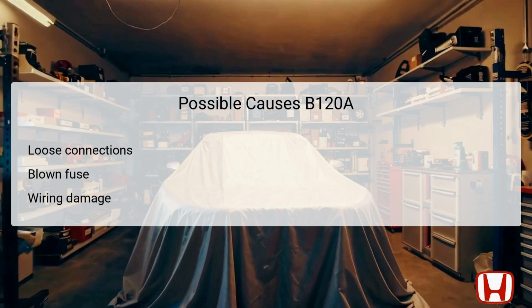If the fuse is damaged, it needs to be replaced and the system retested for functionality. Additionally, there may be damage or shorts to the wiring of the LIN bus that affect communication. Identifying these potential issues is critical for resolving the DTC and restoring full functionality to the climate control system.